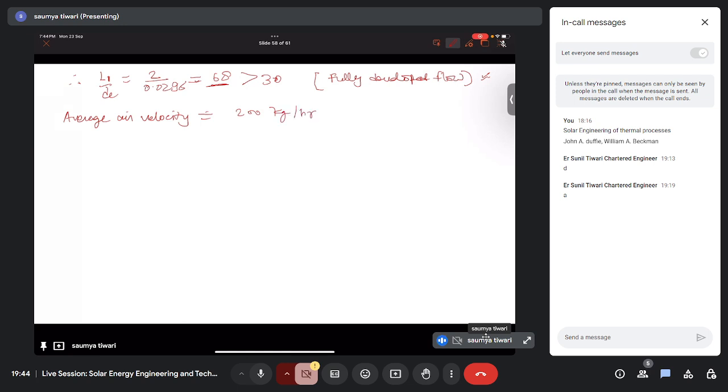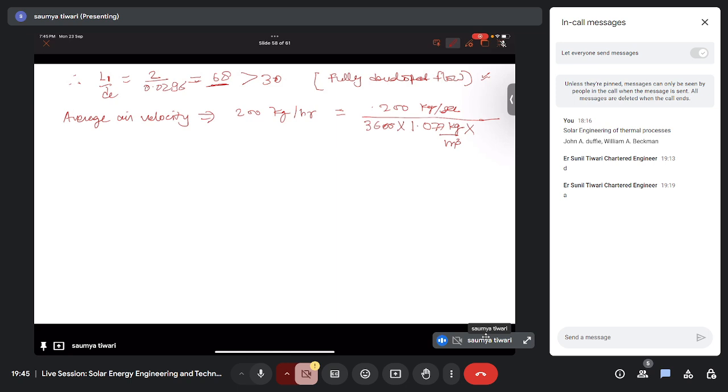So if you basically calculate the velocity, it will be 200 kg, and hour you can write 3600, so it will be kg per second. Then we divide by the density of the air, which was 1.077 kg per meter cube, and this will be your volume flow rate.